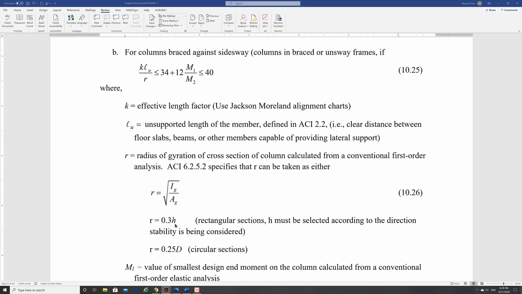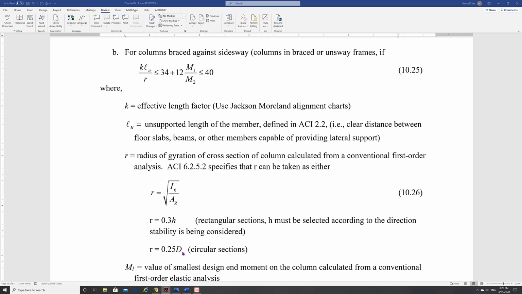So h for rectangular sections varies depending on the direction that we're looking at. And I mentioned this before, the h value is parallel to the direction of your lateral load.